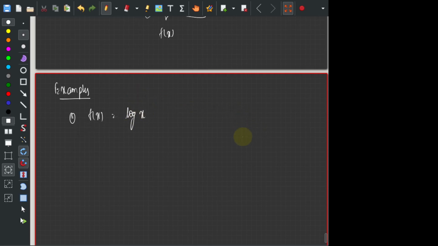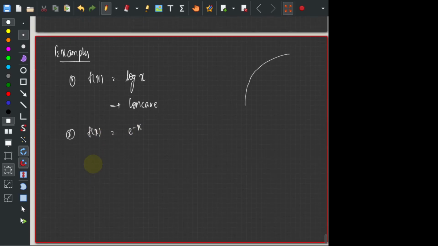It looks something like this visually, but you can evaluate the first and second derivative, and you see that it's always less than 0. So this is concave. What about e to the power minus x? Is it convex or concave? Convex. Everyone agrees that this is convex.